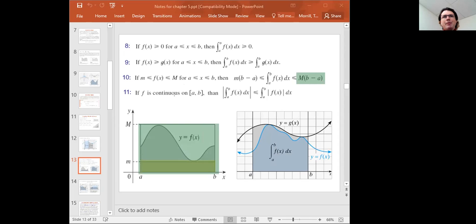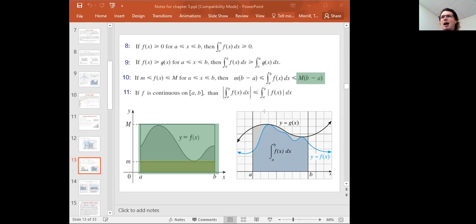Let's keep going. Number 11 is a version of the triangle inequality, right? If we take the absolute value of the sum of two different numbers, that will be less than or equal to the sum of the absolute values of those two numbers. And it works for integrals as well.